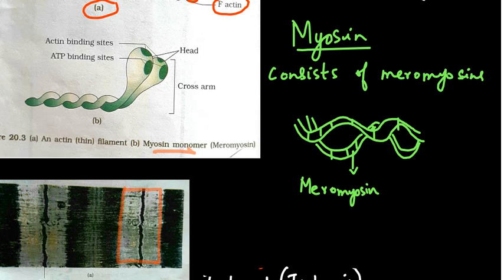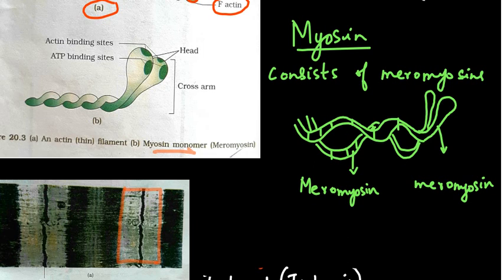Then there is a part which is called as head. This is also another meromyosin. Now meromyosins can be classified into two.